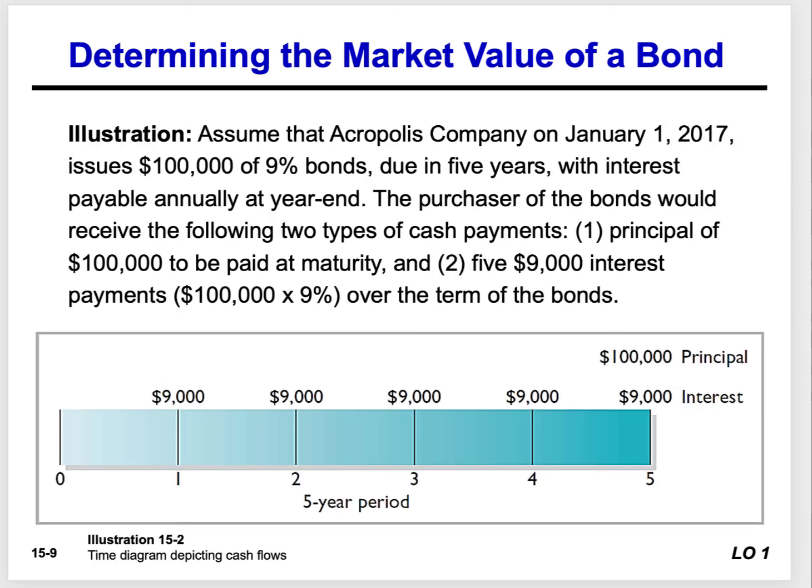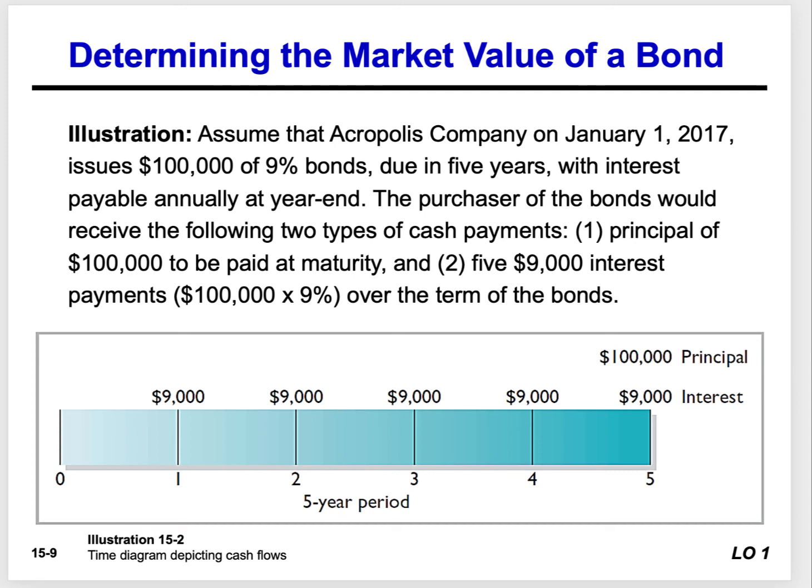So let's look at an example of the market value of a bond, okay? Let's assume that Acropolis Company on January 1st, 2017 issues $100,000 worth of bonds. Those bonds have a 9% stated rate or contractual rate. It's due in 5 years, so the maturity is within 5 years.